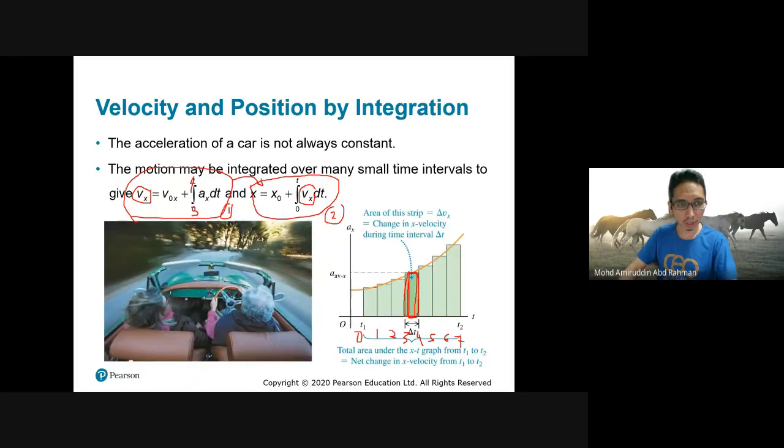So you insert that, and you have the initial velocity, which let's say is given. Then you can determine your Vx. So that's how we find out our velocity and position from the acceleration.